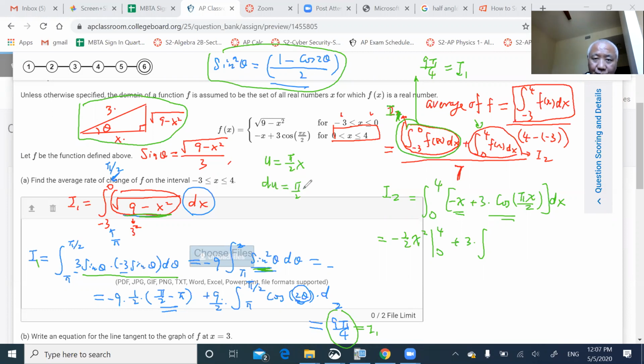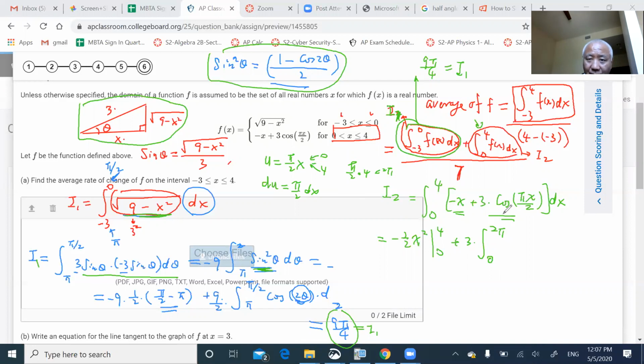Pi over 2 dx. Okay. And also the boundary changes. When x equals 0, u must be 0. So the original is 0, so this is still 0. And when x equals 4, you have pi over 2 times 4, which would be 2 pi. So this is 2 pi here, okay?